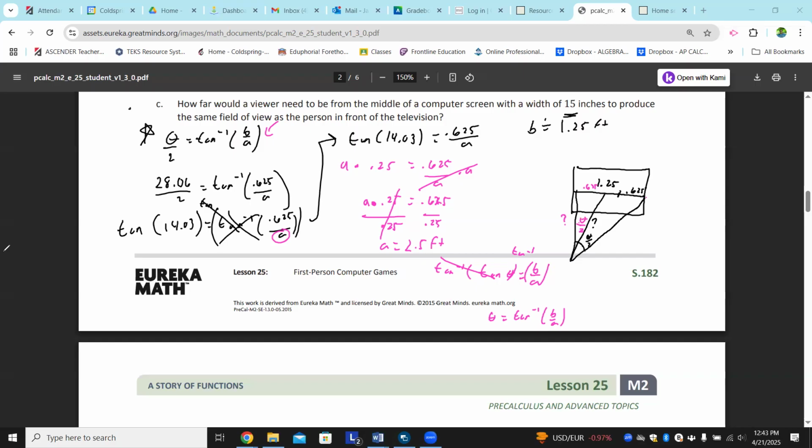So instead of 2, you go back to 4, because you're changing your X, you're changing Y. It'd still be a right triangle. But then now instead of the halves, you just go back to a full theta.